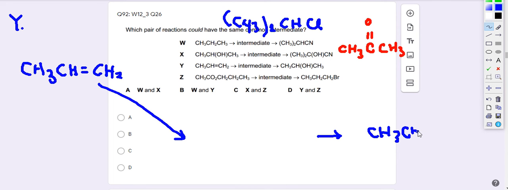Of course there is a way to convert alkene directly to alcohol, but in this case they want us to find a two-step reaction, so we cannot think of the direct method to convert alkene to alcohol.